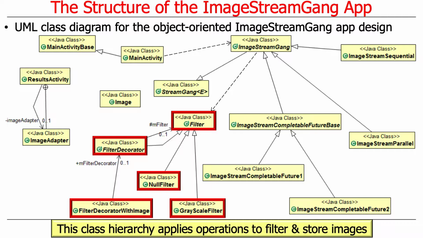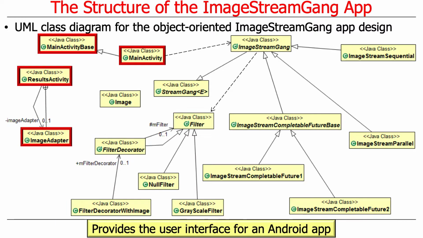Here's a handful of them. There could be many more, of course. Null filter, which is just a no-op, grayscale filter, red eye removal filter, emboss filter, whatever your filters are. And then we have a filter decorator that takes a filter, does the filtering, and then stores the results in the file system. That's a really cool example of the decorator pattern.